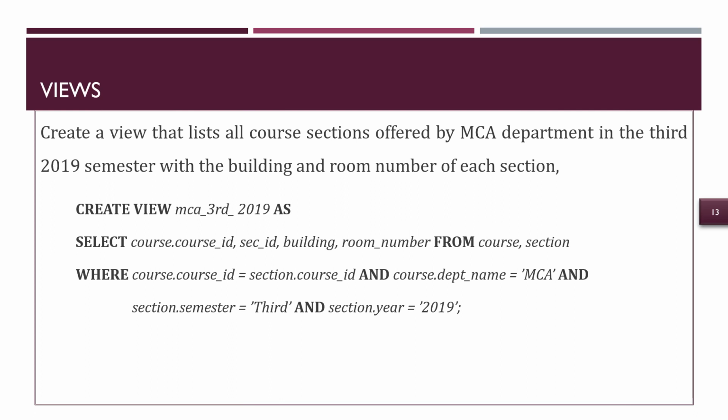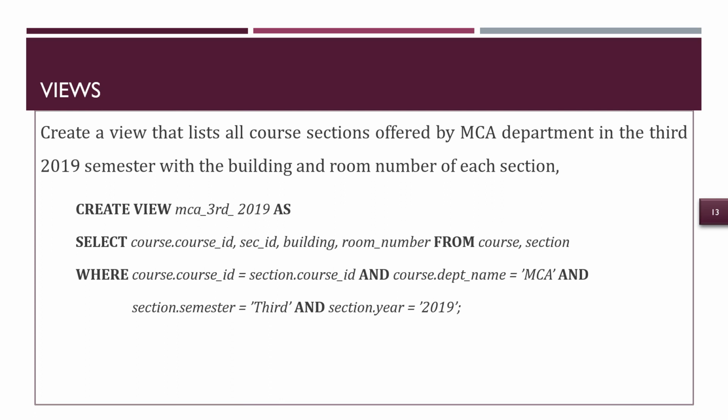We have to check whether the department name is MCA, whether the section semester is 3rd, and whether the section academic year is 2019. So we have to check these three conditions. Also, we are joining these two tables, course comma section, right? So we have to check whether the common ID attributes are matching or not.